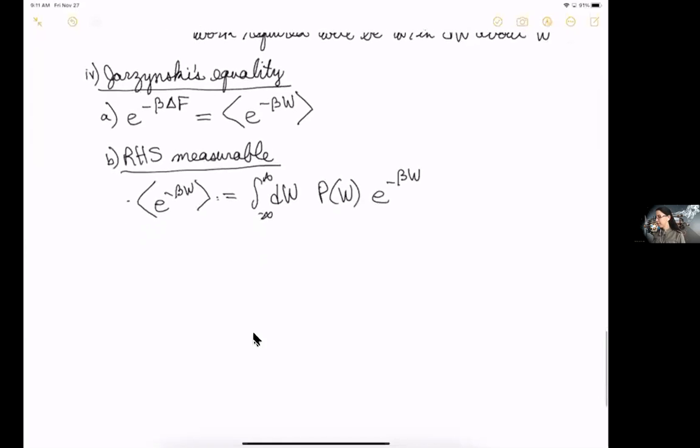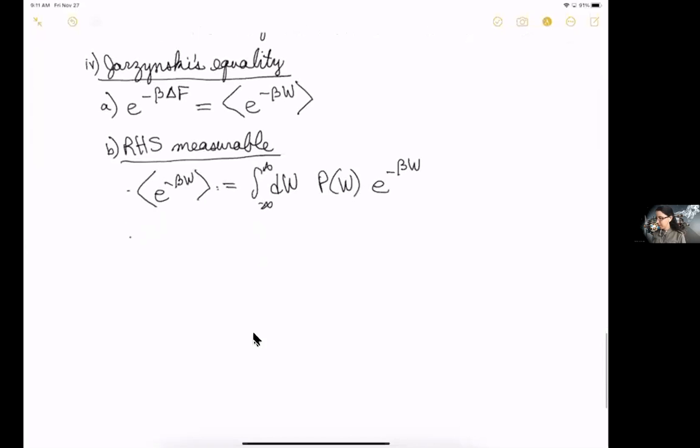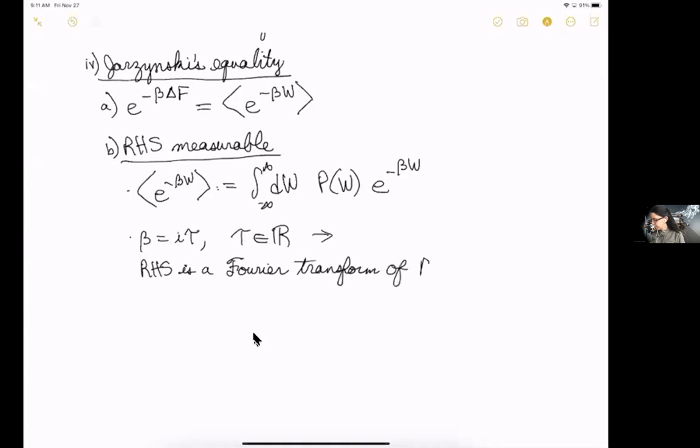We can pretend to do a Wick rotation, make the inverse temperature be i times some number tau. We usually like to pretend that tau is in the real numbers so that we can say that this right-hand side is a Fourier transform of the probability density, which means that it's a characteristic function.